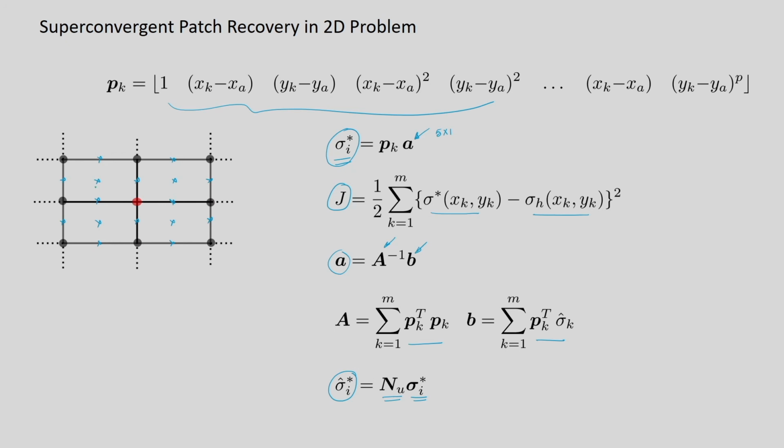In this case these are the internal nodes. So, once the recovered stress sigma I star is obtained, we have to calculate the stresses corresponding to each of these internal nodes, alright.